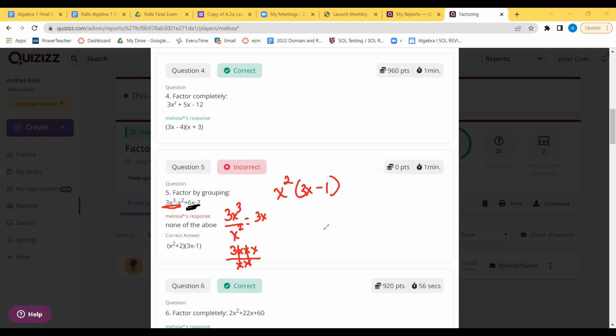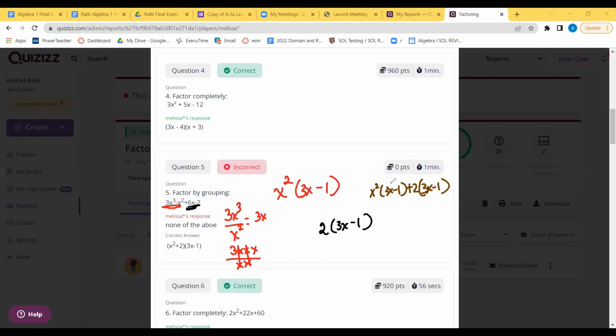If I factored that by grouping, I would pull out a GCF, which would be a 2. If I pulled a 2 out of that, I would divide it out and end up with 3x minus 1. With grouping, what you want is to have the same factor somehow. So this would be x squared times parenthesis 3x minus 1, plus 2 times parenthesis 3x minus 1.